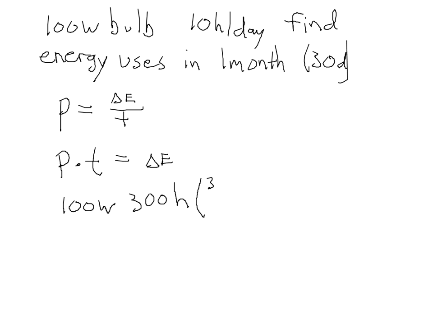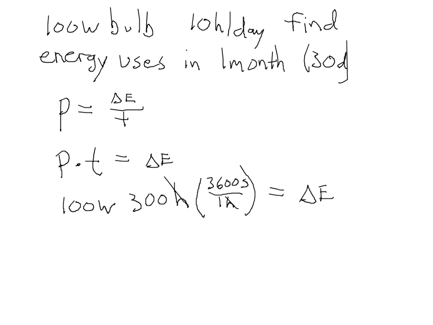So we have 3,600 seconds in 1 hour. Okay, so now my hours cancel. And that gives us the change in energy of our light bulb. How much energy did our light bulb use in that month?